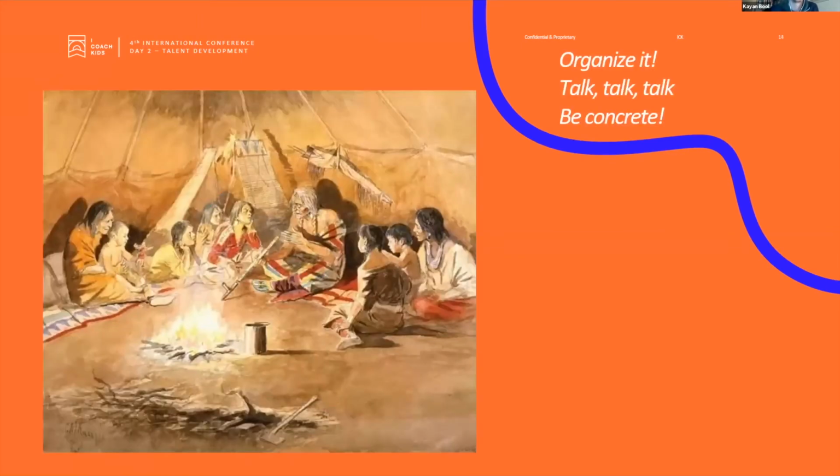To sum up, to create a joint vision on and continually improve a learning environment, we need to organize talks, and become as concrete as possible so that it can become a part of our DNA and of everyone that is involved in the program.